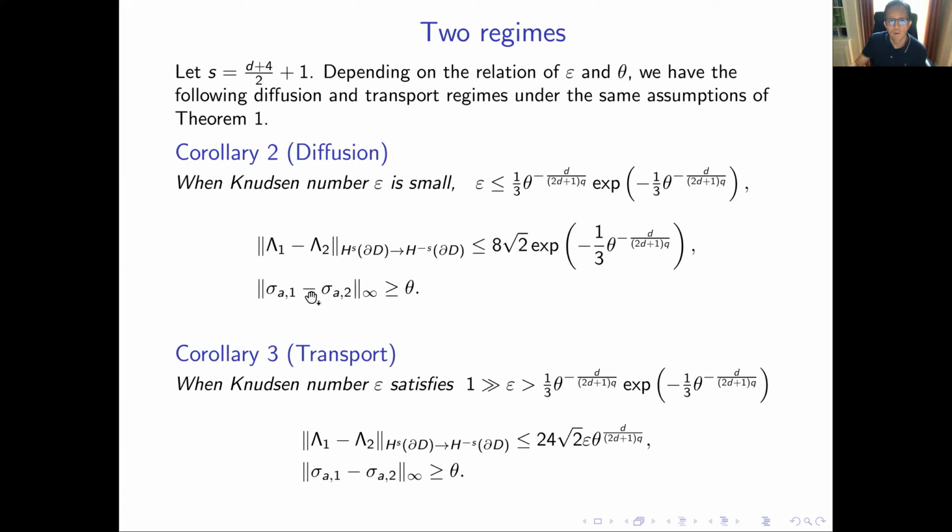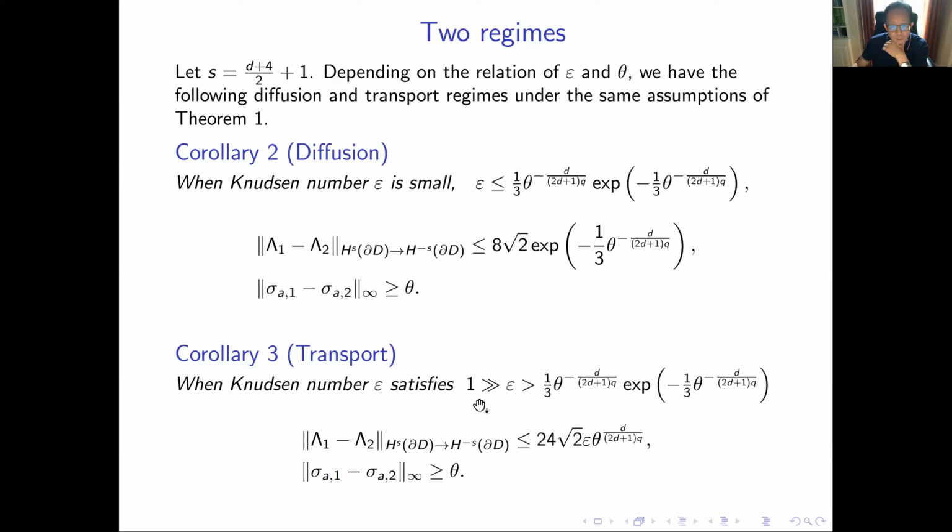If epsilon is this small, then diffusion dominates. And then you see that although these two absorption coefficients are separated by more than theta, the difference in the measurement is less than this, which is exponentially small with respect to this.